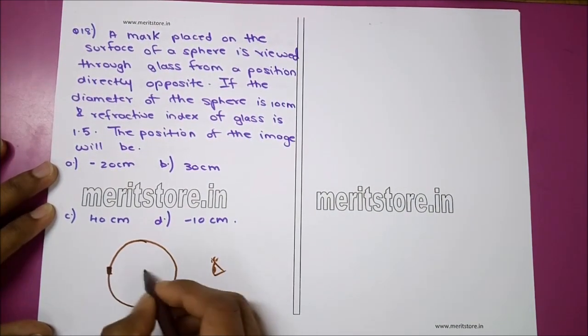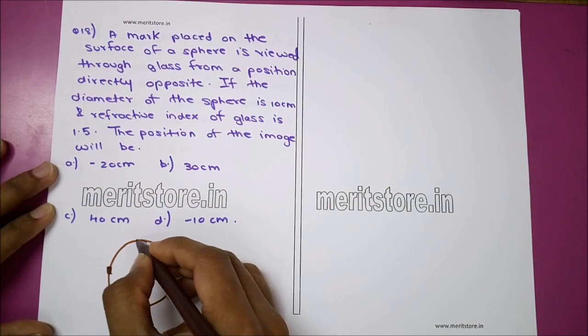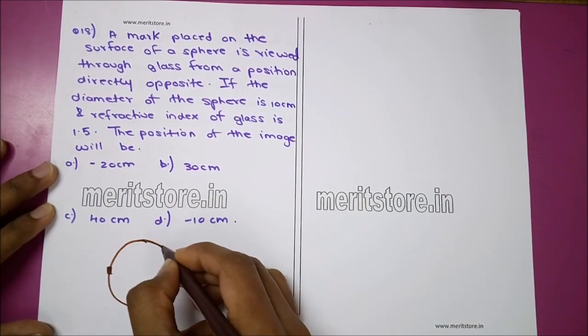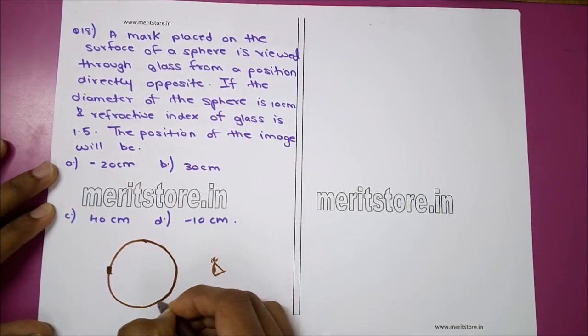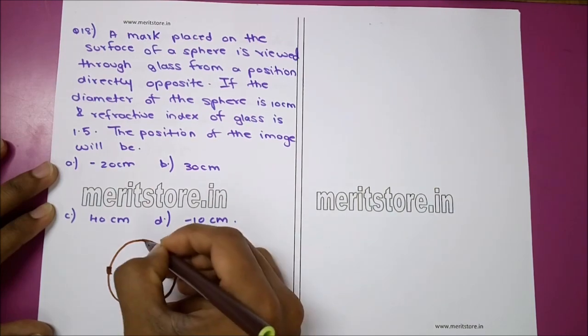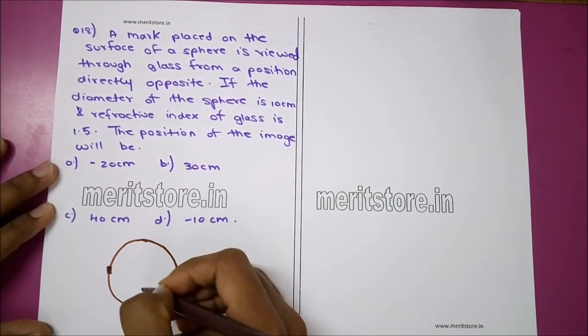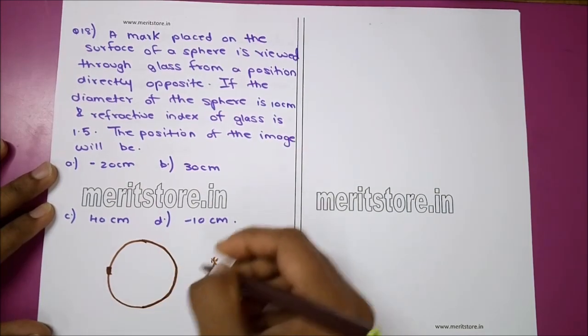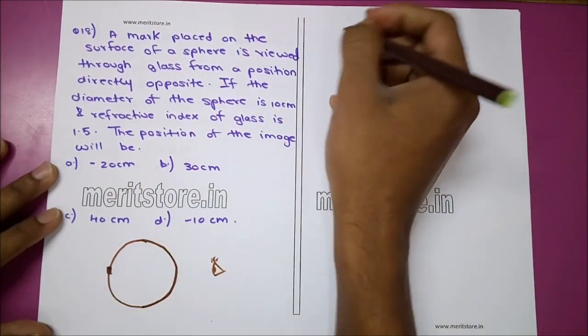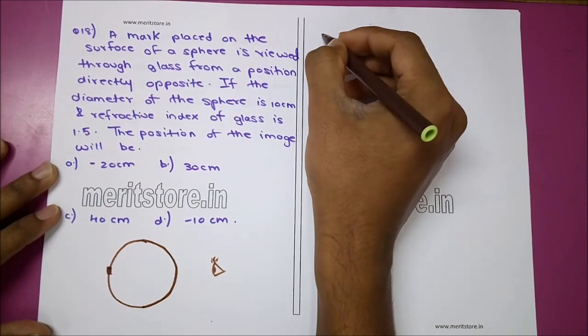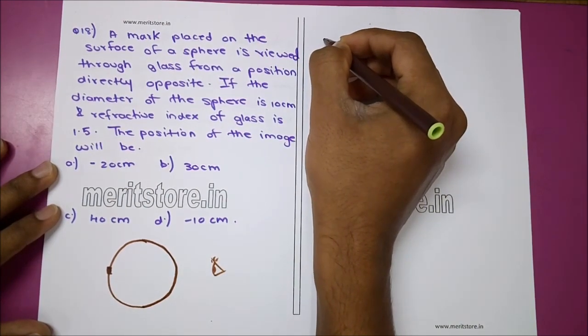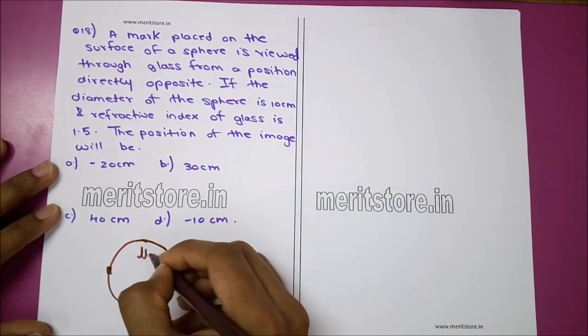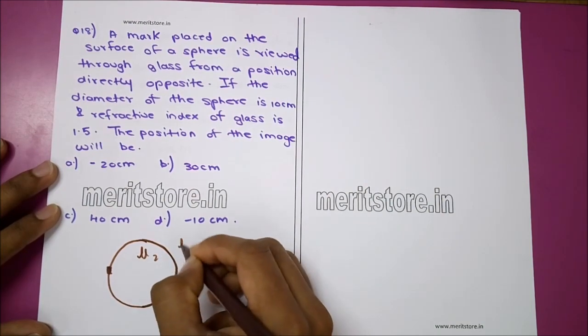Now this mark is refracted by this radius or this curve of the glass, and due to this we find an apparent distance of this mark. So using the modified lens formula, since there are two mediums involved, mu2 and mu1.